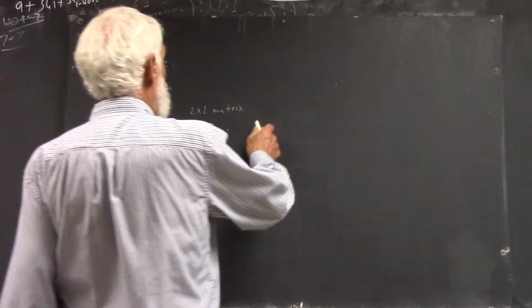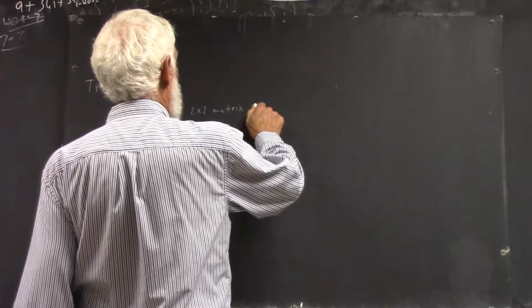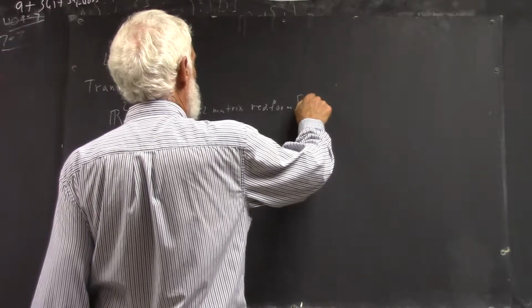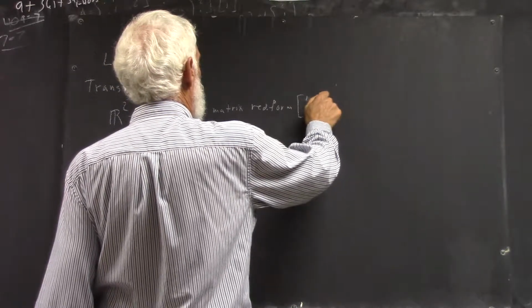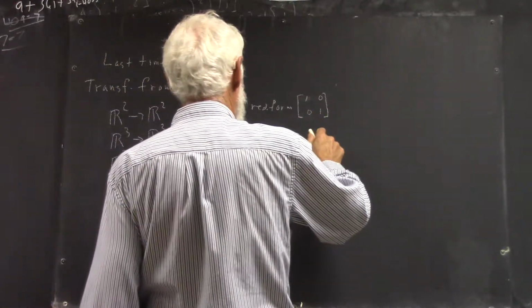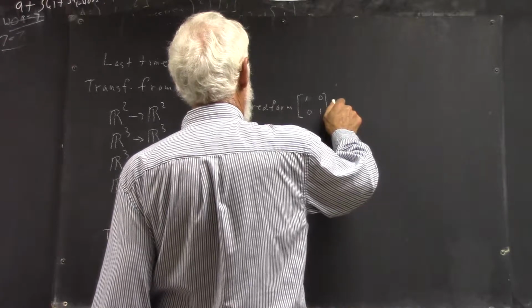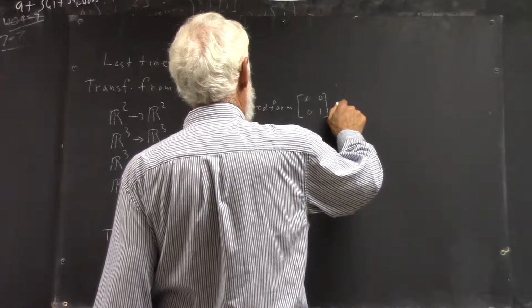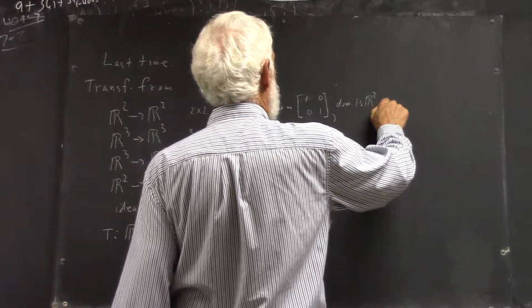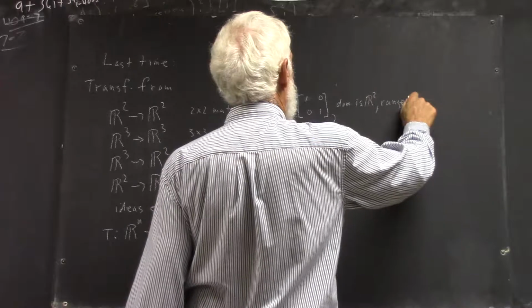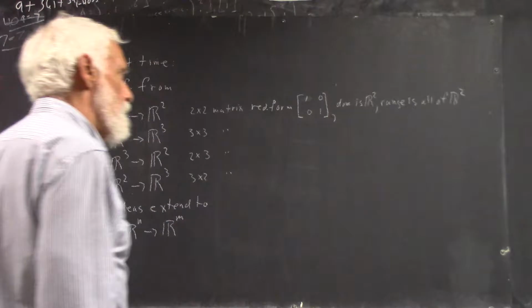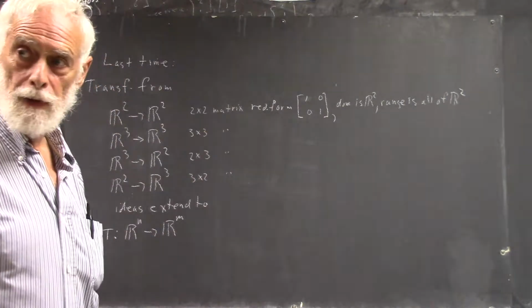If the matrix reduces, the domain is R2, range is all of R2, okay?